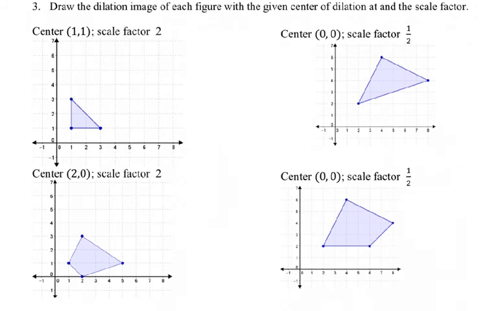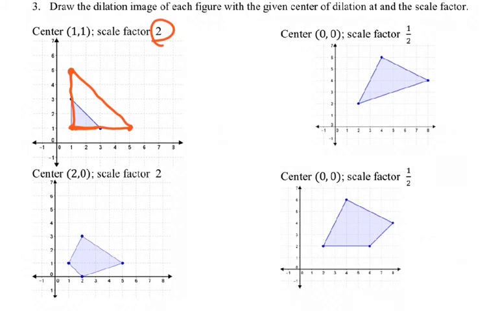With a scale factor of 2, instead of going over 2, we go twice that, a distance of 4. Same thing going up, a distance of 4. Then if we connect our dots, we have our image like that.